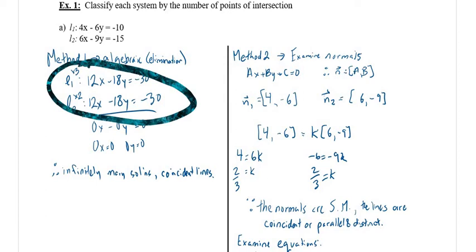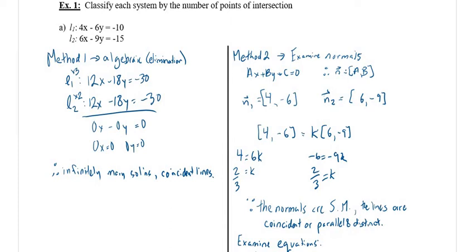we get the same equation, which means that if we try to subtract them out, we're going to get something like 0x minus 0y equals 0, or 0x equals 0, or 0y equals 0. We're just reducing it down a little bit. So that means that we're going to have infinitely many solutions, or coincident lines.